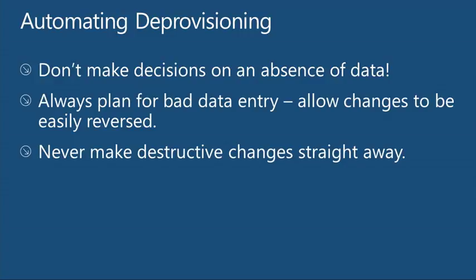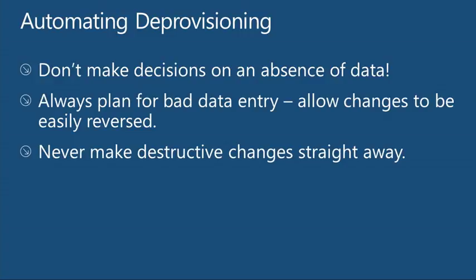Following on from that, always plan for bad data entry or, you know, some accident that truncated your list. And so allow changes to be easily reversed. Someone's contract got extended, they didn't remember to put the new end date in HR, so their accounts got disabled. When this is picked up, someone should just put in the new date, sync rules run, everything is back how it was before.